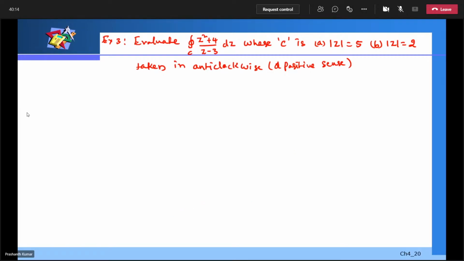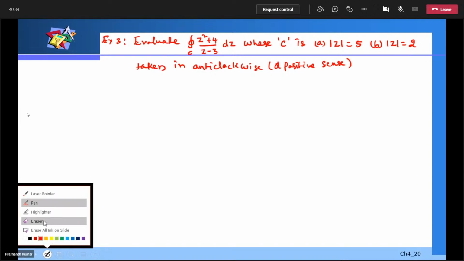Evaluate this, where C is a closed contour. That C is given as mod z is equal to 5 or mod z is equal to 2. So mod z is equal to 5 is a closed circle equation, with the center 0, 0.